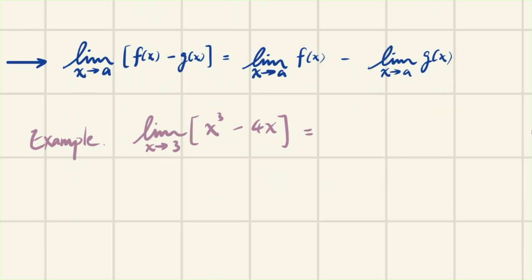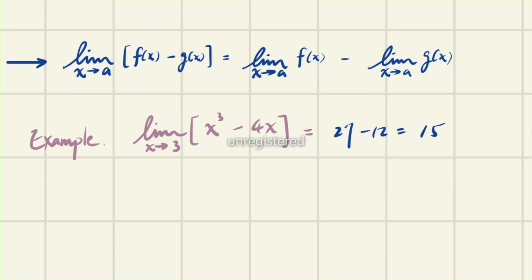So for example, let me compute them first. The function x cubed minus 4x is continuous, it has a value when x approaches 3. So we can just plug x equals 3 inside, which is 27 minus 12. Then we get 15.